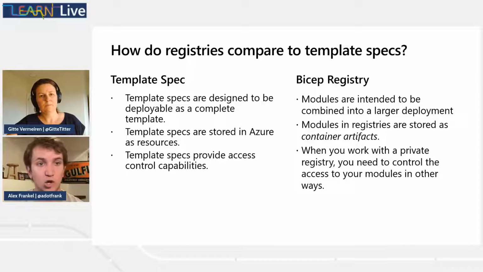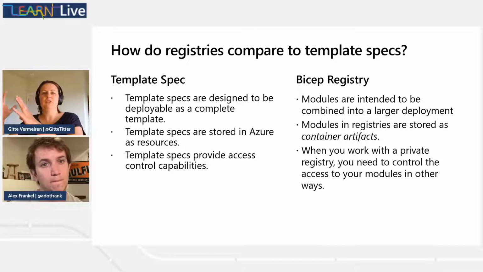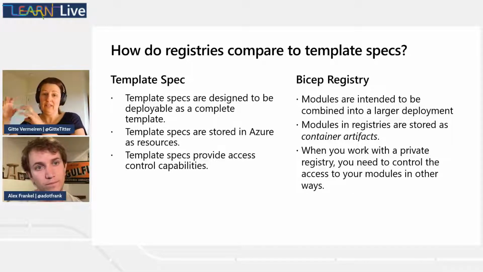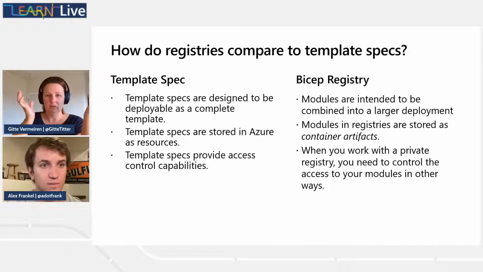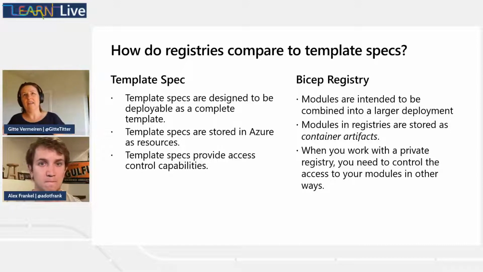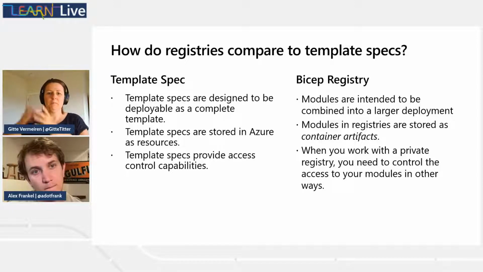So you can grab little components that you can compose together in your own main Bicep executions. So basically, the Bicep registry and the modules in there are like the Lego blocks, and the template spec is more like the full house that you get. Exactly.